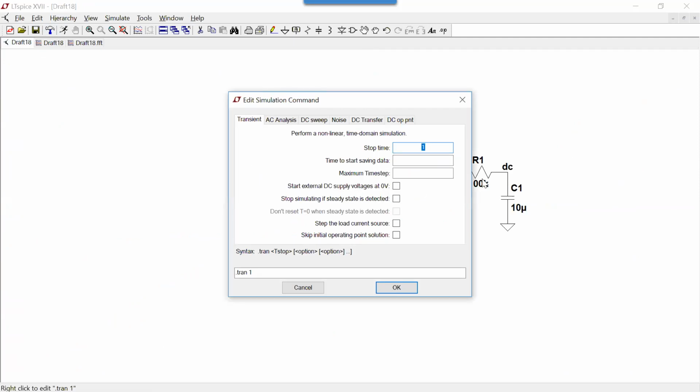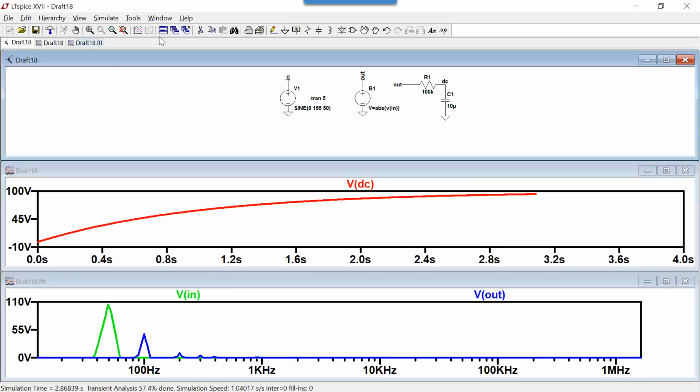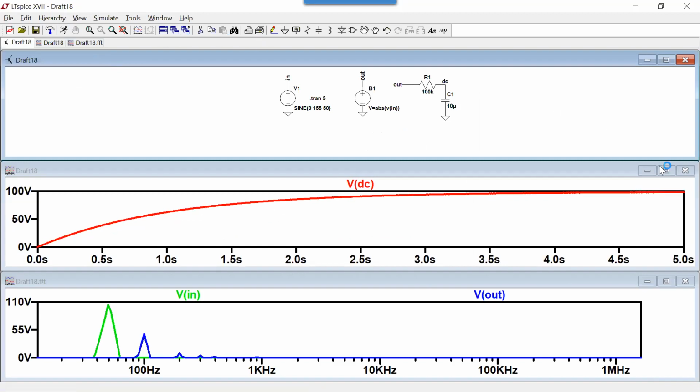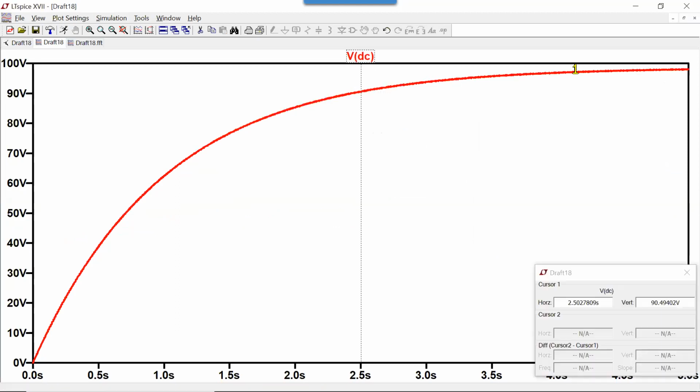Well, we could remember that our time constant of this filter was 1 second, and that meant omega naught was 1. And that meant the frequency is 1 divided by 2 pi, right? Anyway, let's try for 5 tau. So it's about almost 98 volts, which is what the average was, what we were trying to capture.